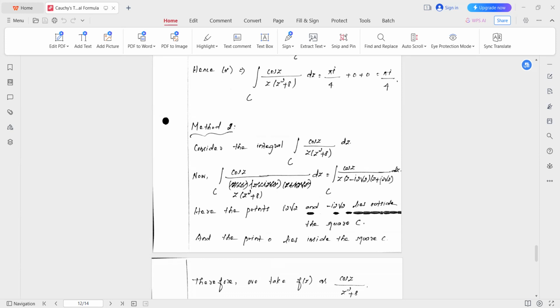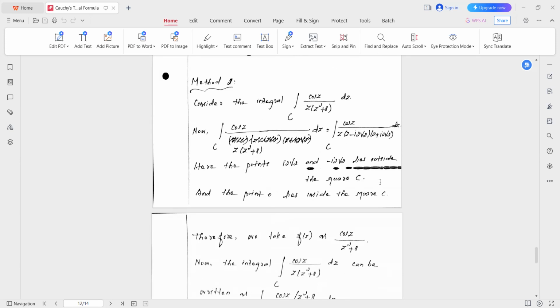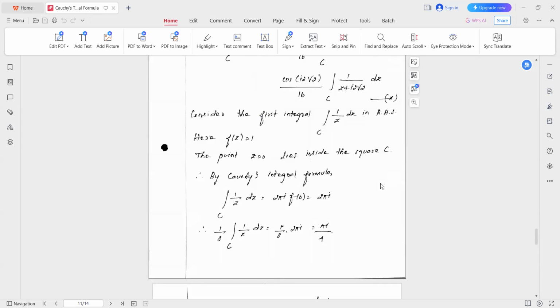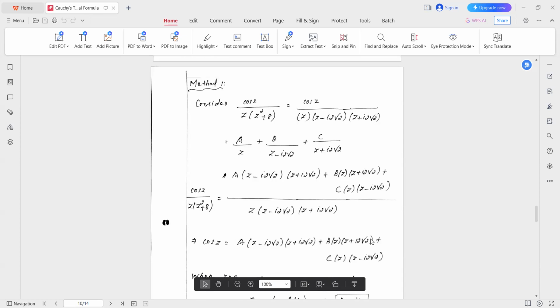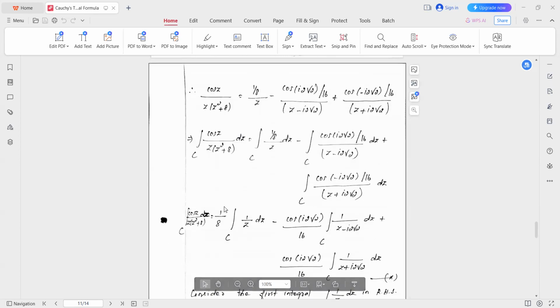So what we are going to do is take the function f of z differently. In the previous method, we took f of z as cos z itself, then we did the partial fraction, and it became like this, and the value of this becomes like this.